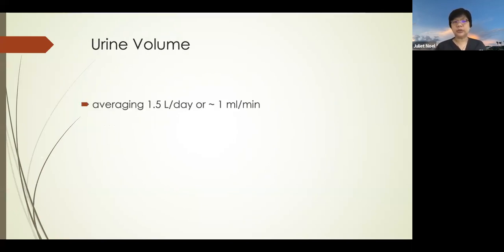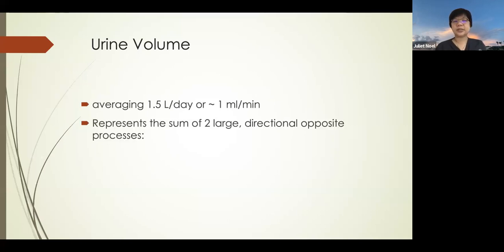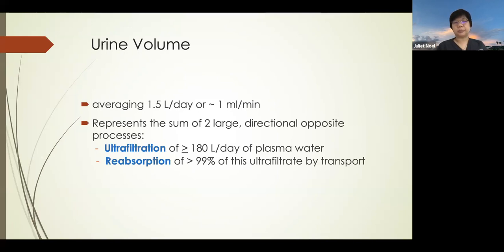Urine volume, we average 1.5 liters a day, or approximately 1 ml per minute. This represents the sum of two large, directionally opposite processes. One is ultrafiltration, which is more than 180 liters of plasma water per day, and reabsorption, where practically 99% of the ultrafiltrate will be reabsorbed.